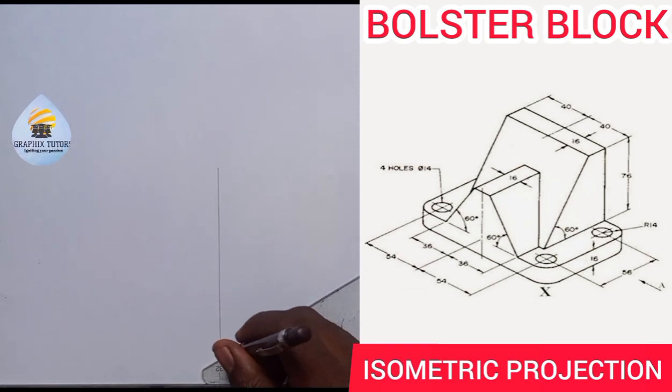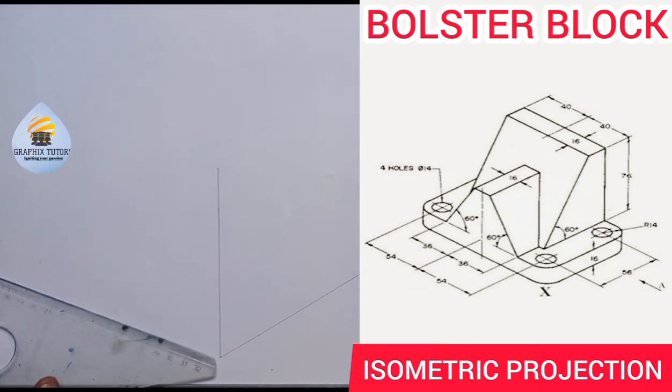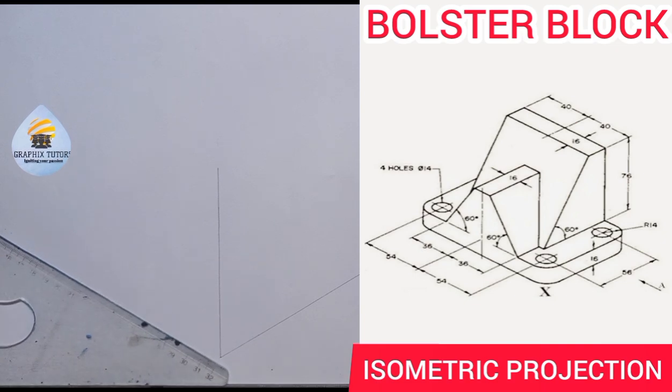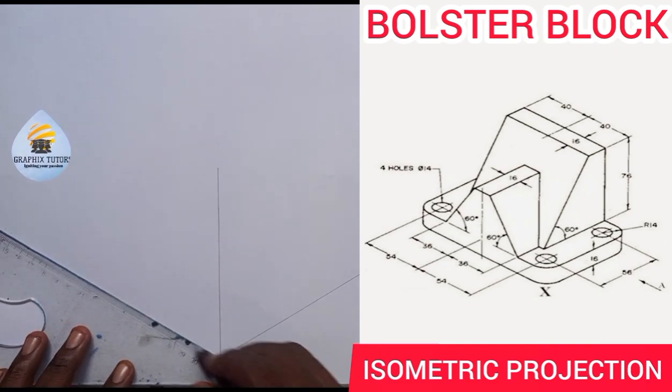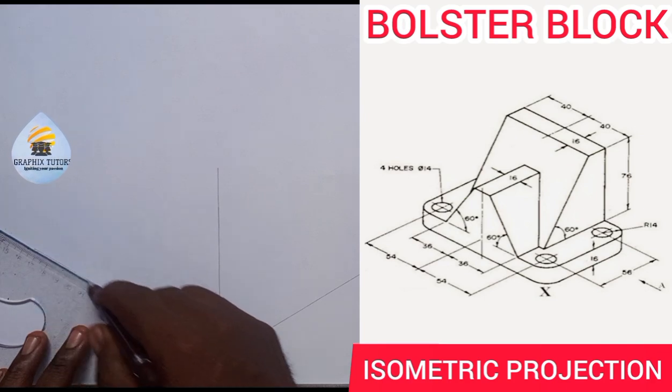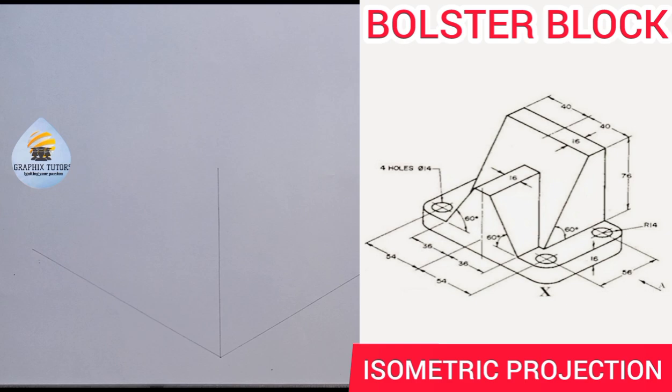This way, and I'll also draw this in this manner too. So this is the isometric axis. Hope you can see that.